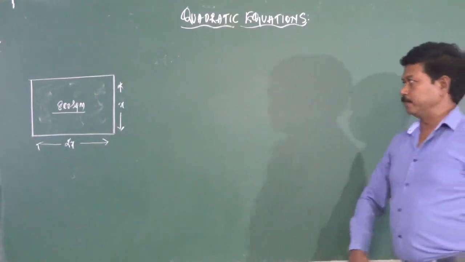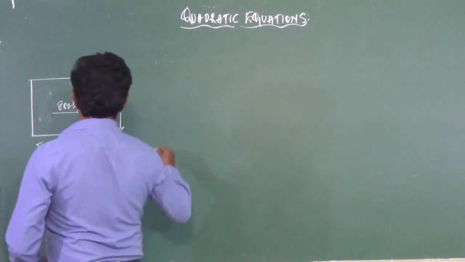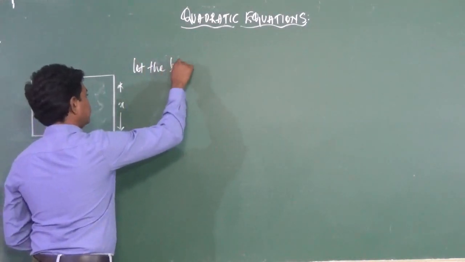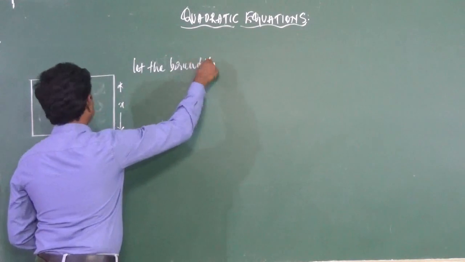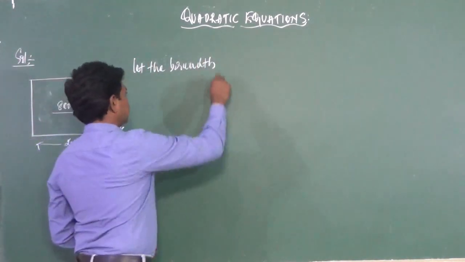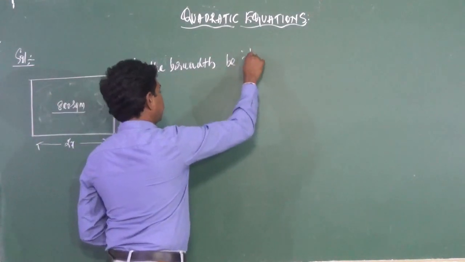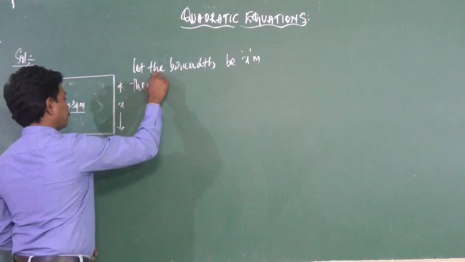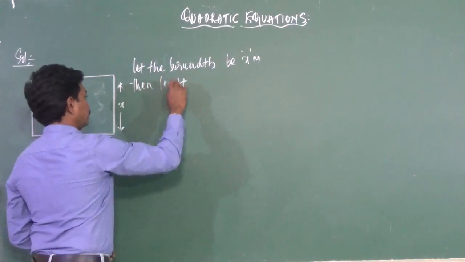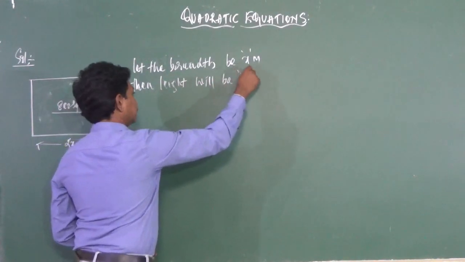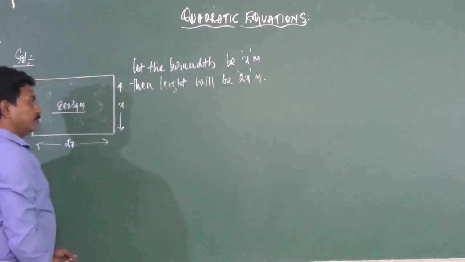So let us guess the breadth here. Let the breadth of the rectangular field be x meters, then the length will be 2x meters.